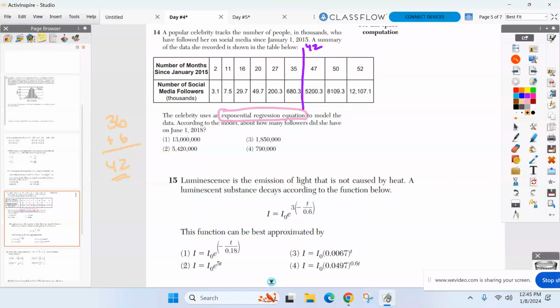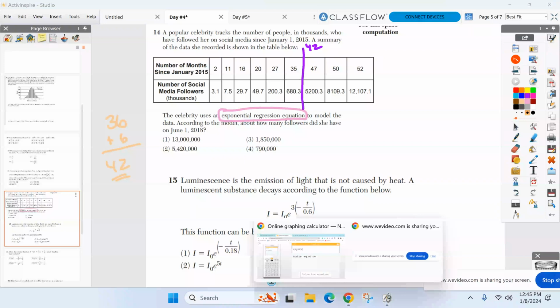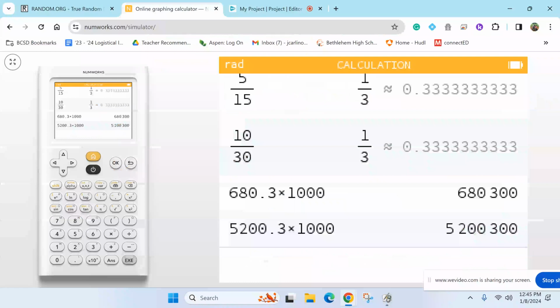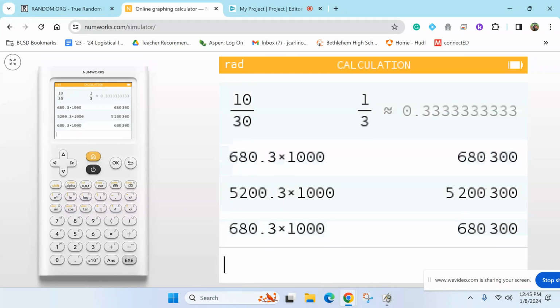Go to your calculator. Go over to your calculations. 680.3 times 1,000. So that's really 680,300 followers.